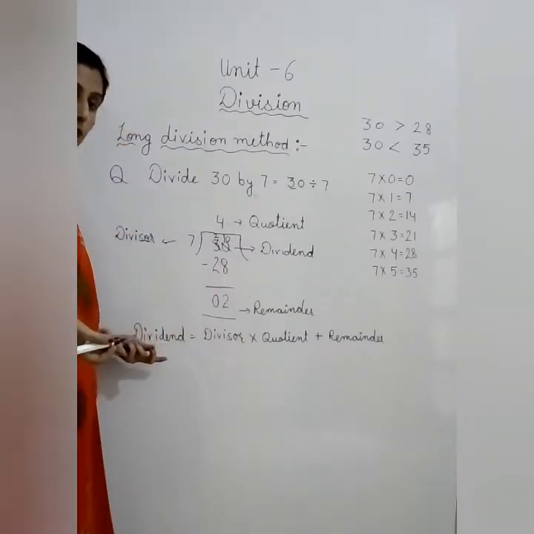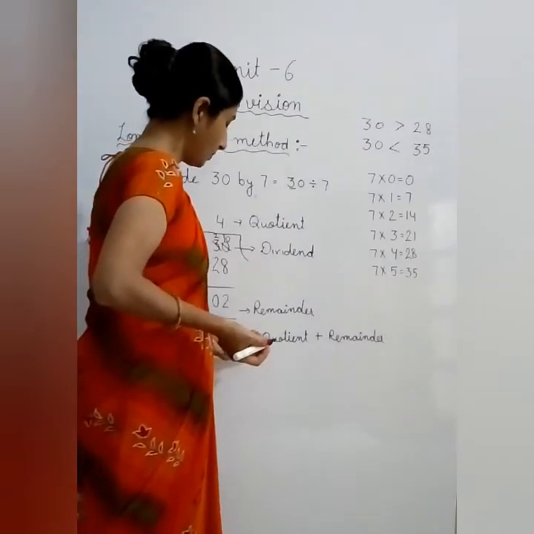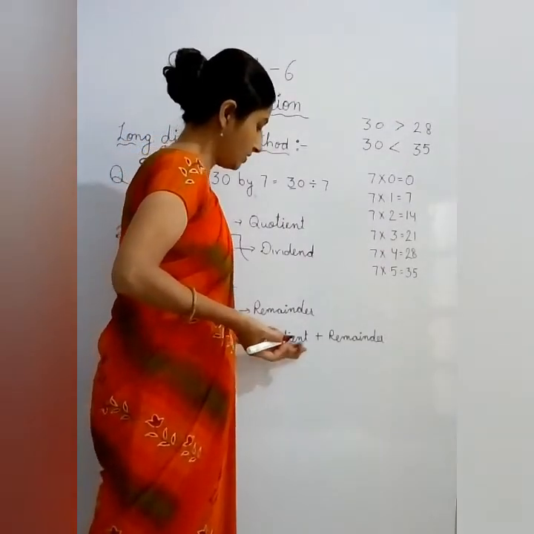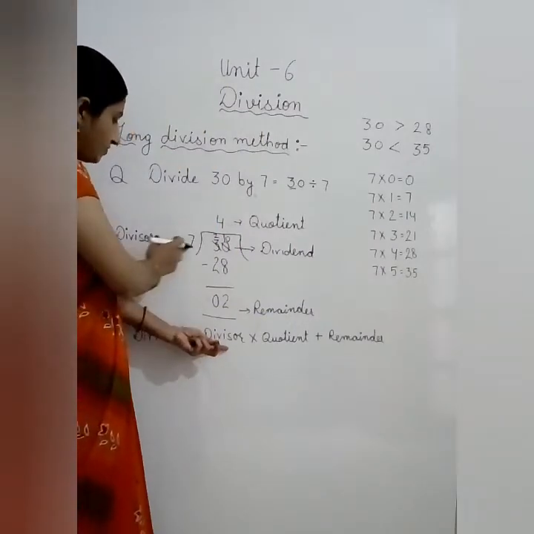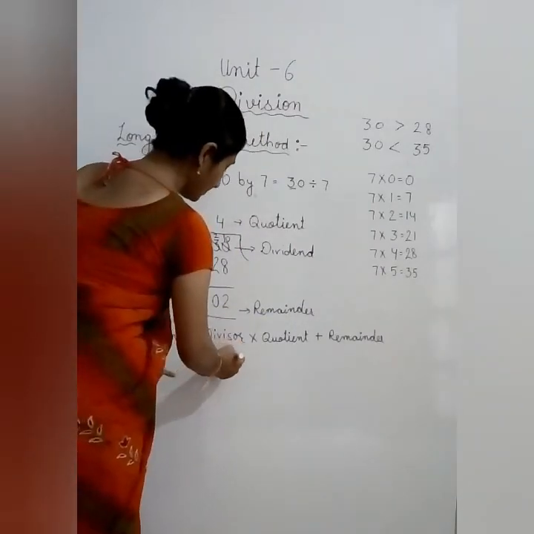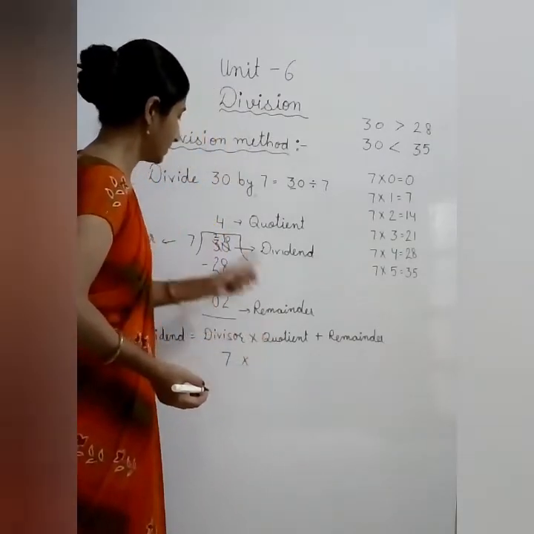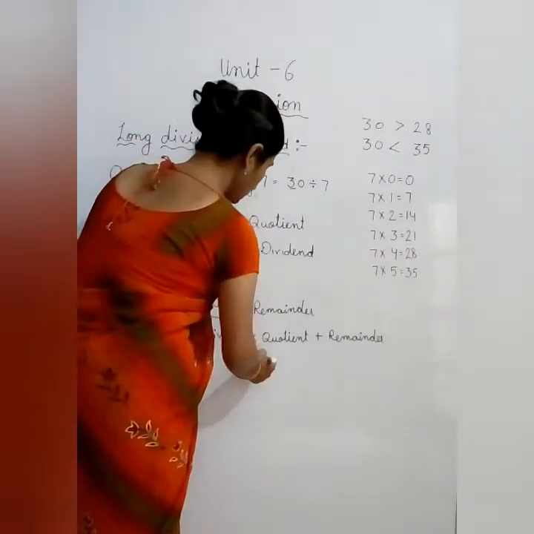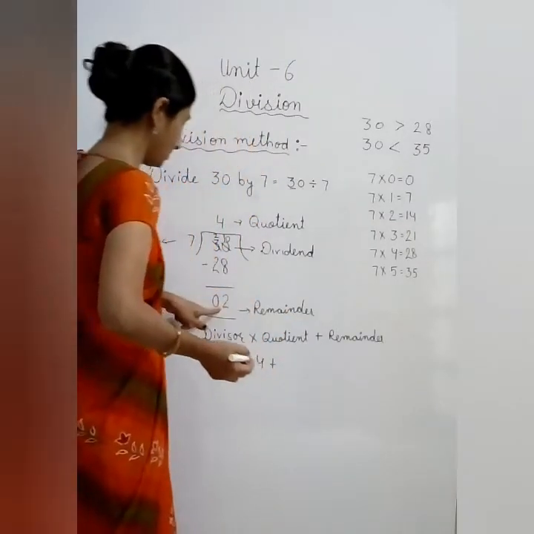So what is the formula? Dividend equals divisor multiply quotient plus remainder. So what is our divisor? Divisor is 7, multiply. What is our quotient? 4, plus what is our remainder? 2.